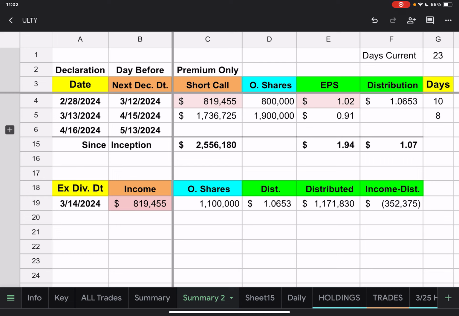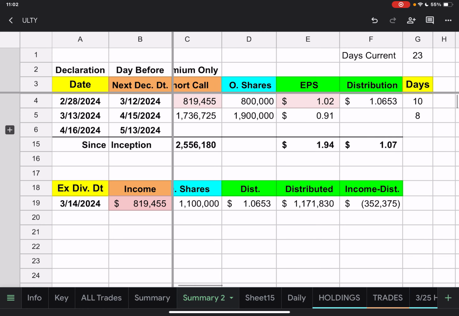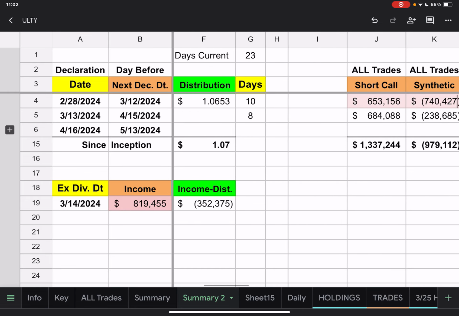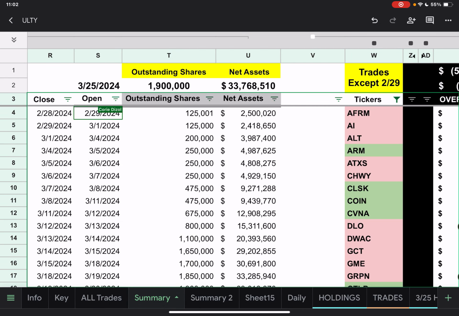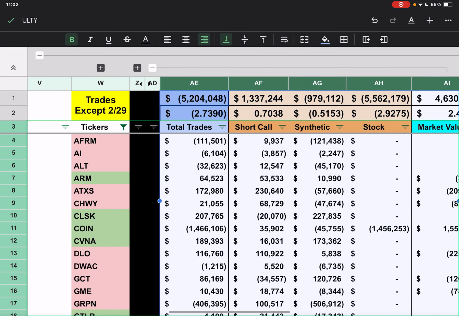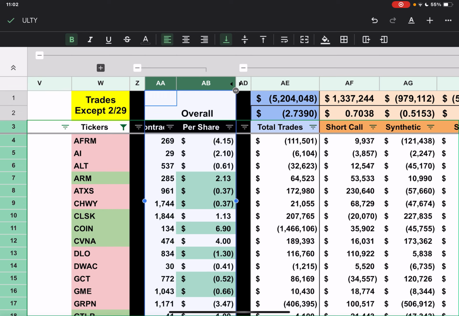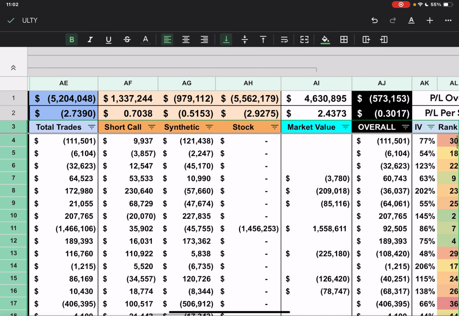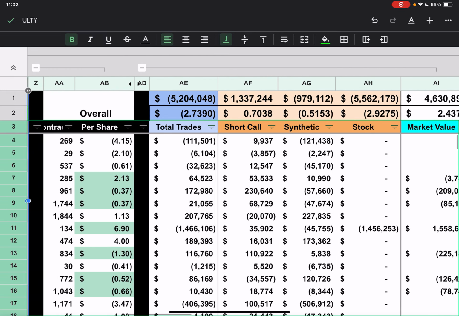Let me know what you think about the new layout and the way I'm calculating it now. I know this one, at least for me, was getting really busy, but I wanted to be able to show you all the information, no matter what you wanted to look at.